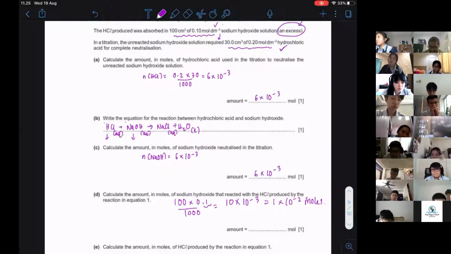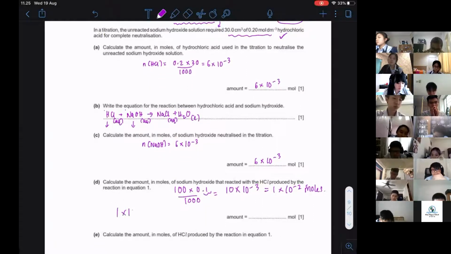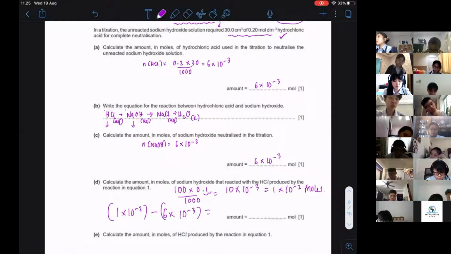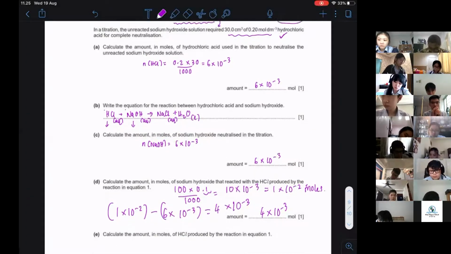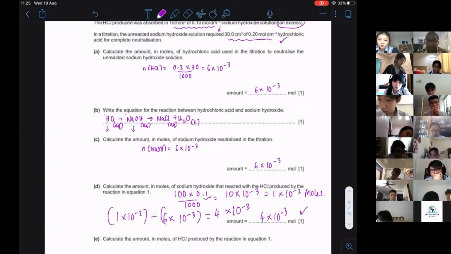So if I want to find the one that reacted, it should be 1 times 10 to the power of -2 moles minus the one that did not react that we found just now. So is it 4 times 10 -3? Can someone check on this? Christopher? Okay, let me check my working. Yes, 0.004. Okay, so that's going to be the number of moles.